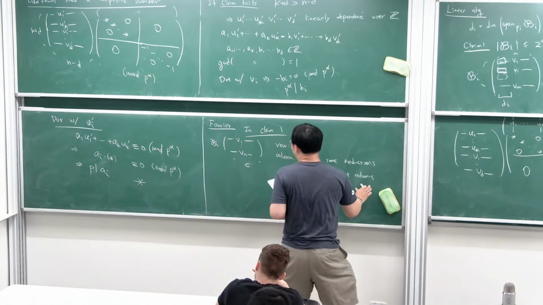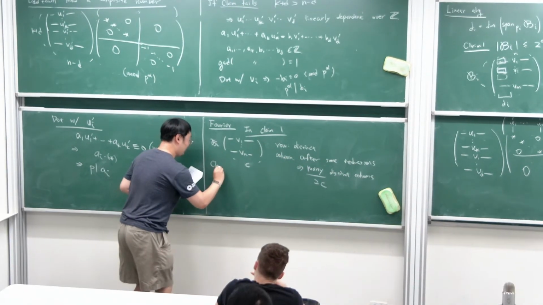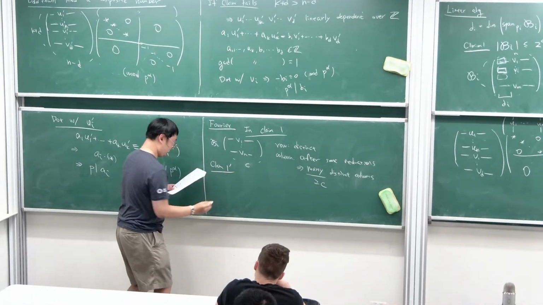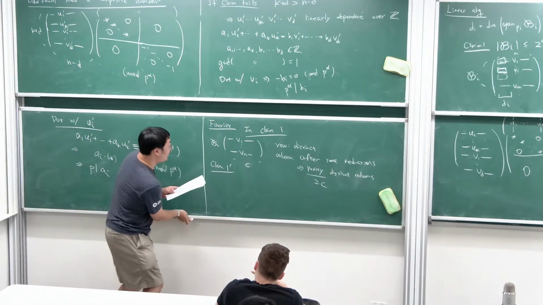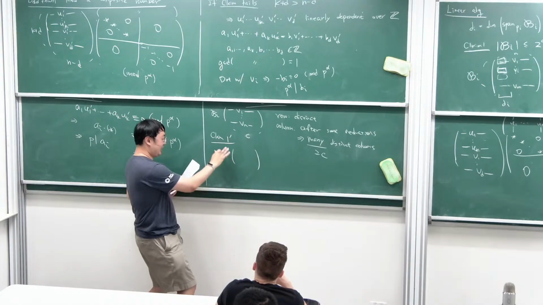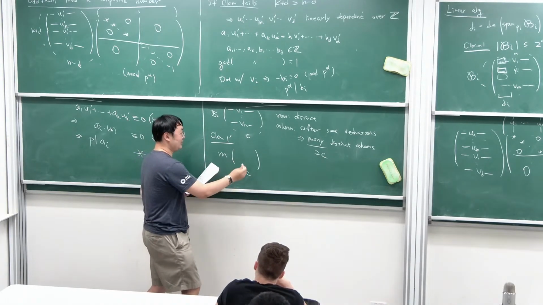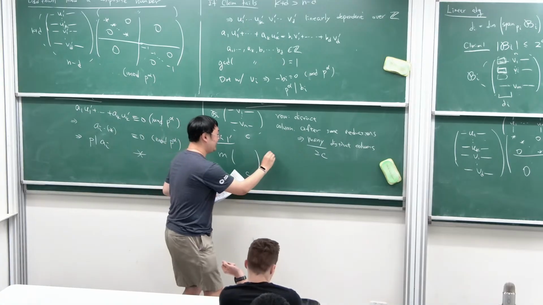And in this setting, I can prove something similar to claim 1. Say I have a matrix M where the number of rows is m, the number of columns is c, and all the rows and columns are distinct.